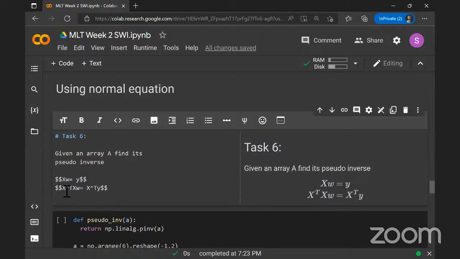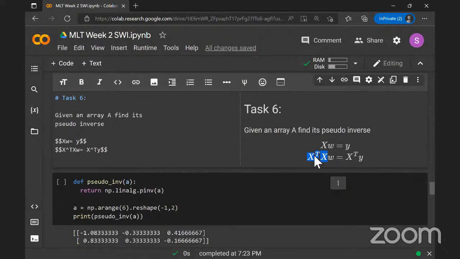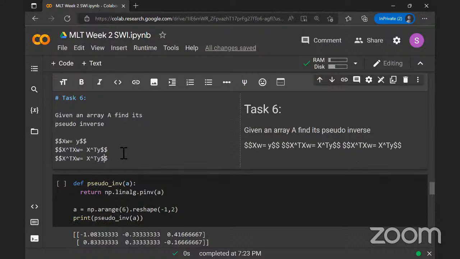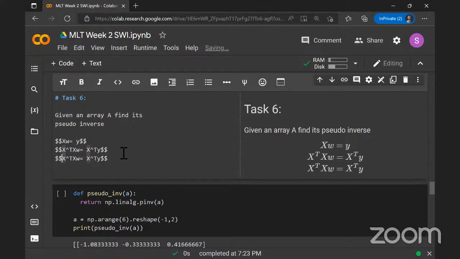Okay, so this is what we do. Now X transpose X is bound to be a square matrix. Now we can do the inverse of this new matrix X transpose X and multiply on both sides. And this is what we are going to do.